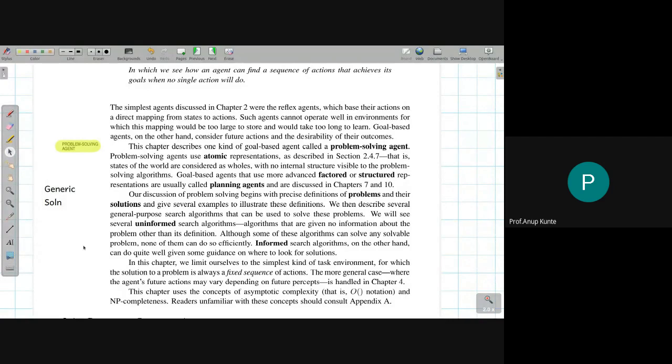Whatever problems you are going to solve using a problem solving agent are typically structured problems. They typically have a firm set of rules and a certain kind of agent environment. So there are limitations to the problem solving agent.